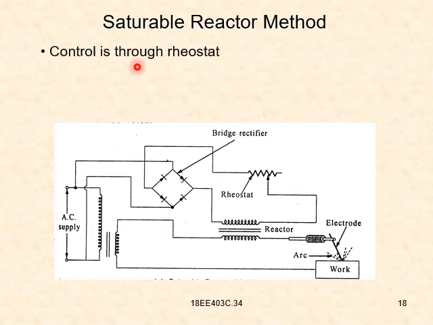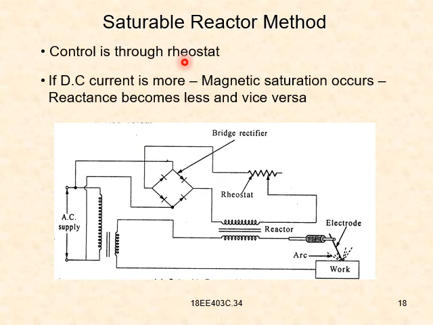And control is through the rheostat. If DC current is more, then magnetic saturation occurs and the reactance becomes less, and vice versa.